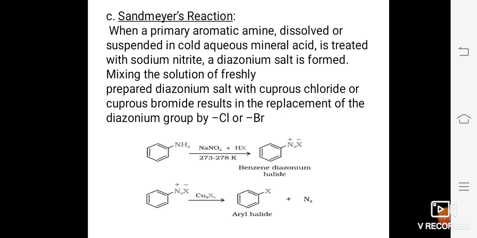Benzene diazonium halide. If this compound is treated with cuprous chloride or cuprous bromide, the nitrogen is replaced completely by the excess halogen present, thus giving us aryl halide and thereby liberating nitrogen.